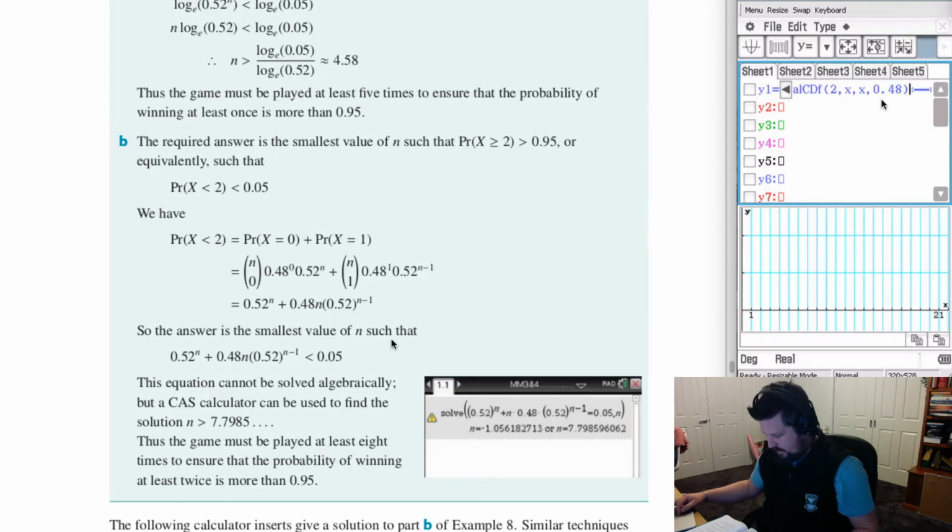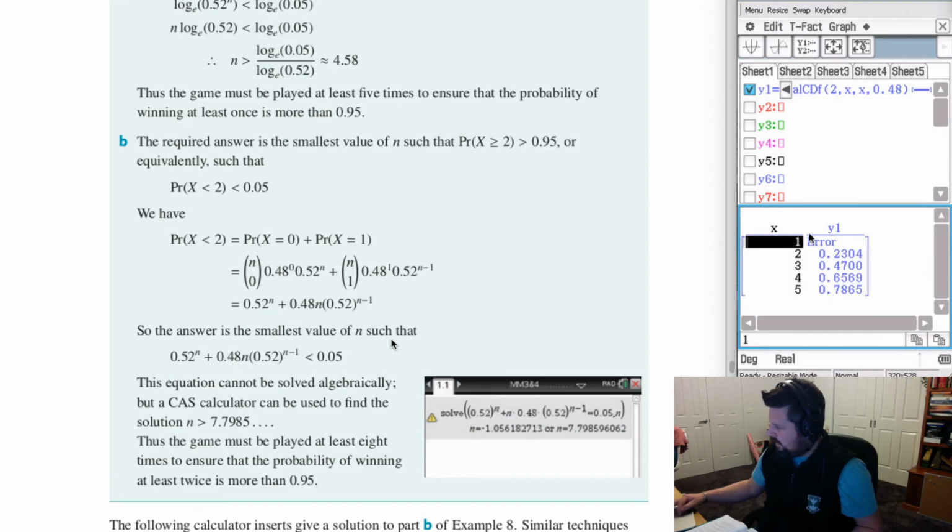Make sure you tick it. Now, we're not graphing it. What we want to do is create a table. So we're going to click on the table button, which is this one here. You can see it spits out the table, and we can look at when the probability first exceeds 0.95. So here at 5 it's 0.78.